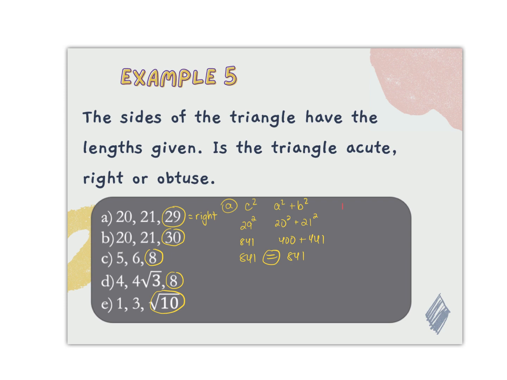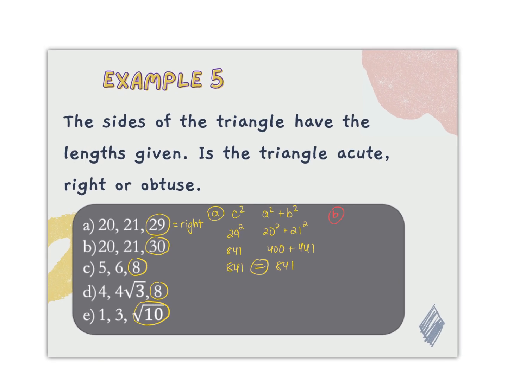So in B, again, I've got the largest side, 30 squared, and then a squared plus b squared. Here I have 900, and here I have 400 plus 441, which is 841. I notice that 900 is greater than 841. That means my triangle is obtuse because c squared was greater than a squared plus b squared.